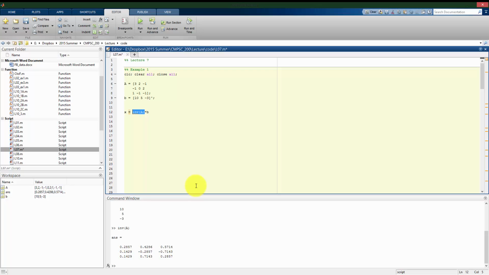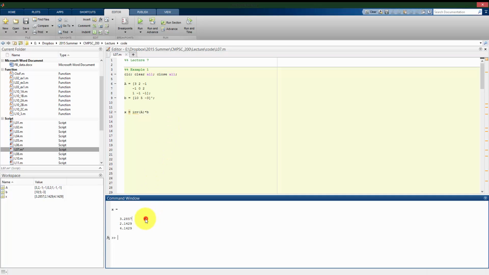If we were doing the inverse of A by hand, it's a pretty time-consuming process, even for only a 3 by 3 matrix. But using inv in MATLAB will take the inverse for us. So this is one way that's going to give us the solution for the values of x that make this true. And we run this whole thing, and those are the values of the column vector x that make this true, which means the way we interpret this is referring back to the mapping that we made before.